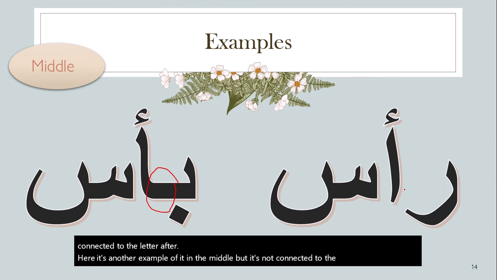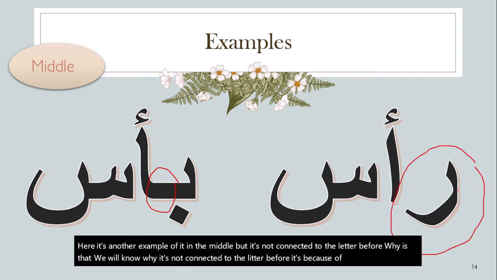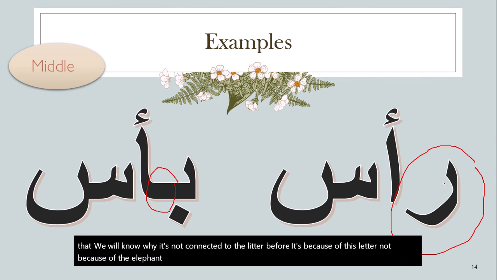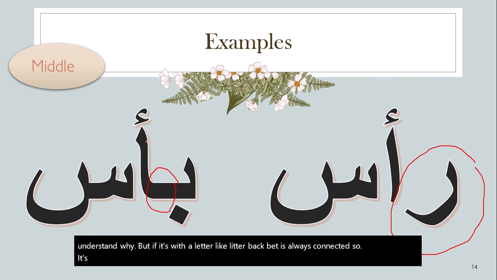Why is that? It's because of this letter, not because of the Alif itself. When we learn about this letter, we will understand why. But if it's with a letter like ba, ba is always connected, so it's connected with harf al-Alif. Alif is connected to the letter before and never to the letter after.